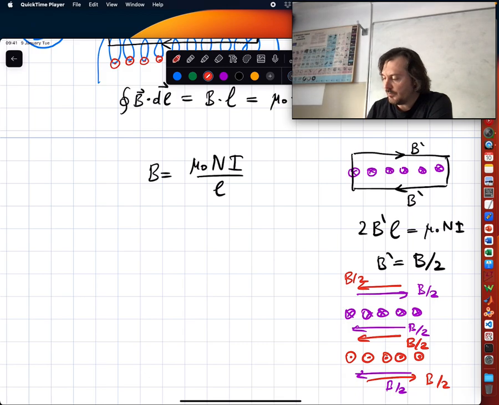Yes? So in total, it comes back to 0, B, and 0 again. Is this clear to everyone?